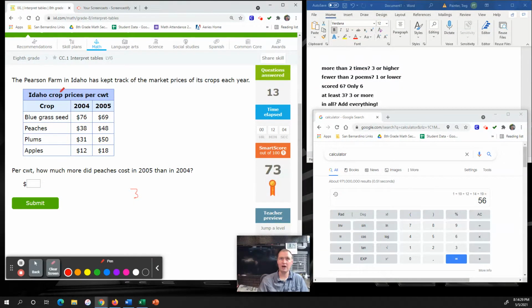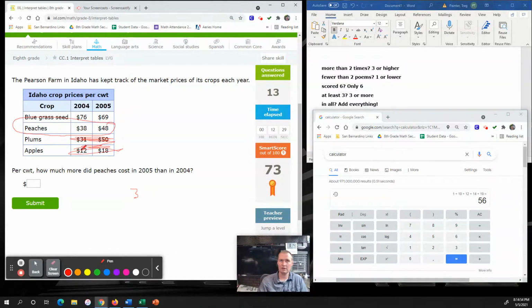All right, the Pearson Farm in Idaho has kept track of the market prices of its crops each year. Okay, per CWT, how much more did peaches cost in 2005 than in 2004? Okay, so what we're going to do is only look at peaches.